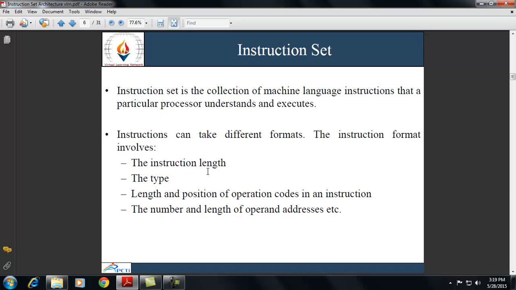Instructions can take different formats. Instruction format basically includes the length of the instruction, the type of the instruction, the length and position of the operation code in an instruction, the number and length of operand addresses, etc. For example, if we give A plus B into C, then A, B, C are operands on which a particular set of instructions are to be performed.